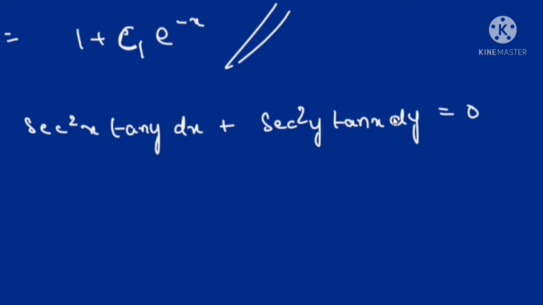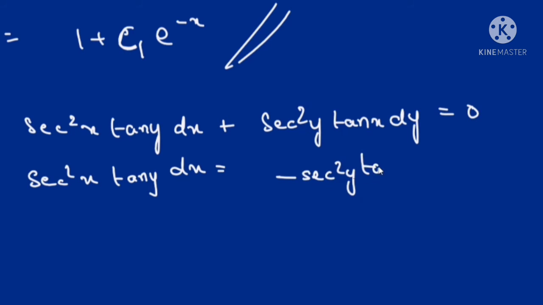So the equation is secant square x tan y dx plus secant square y tan x dy equals 0. So let us separate the variables. Secant square x tan y dx is minus secant square y tan x dy.